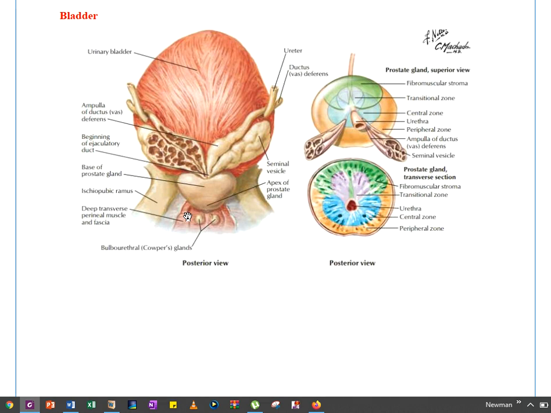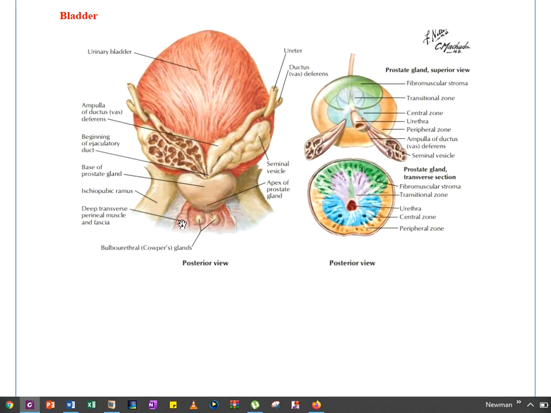We may say it is confined to the urinary bladder, it has invaded the surrounding structures like seminal vesicles, vas deferens, prostate, and it has gone far away into the pelvic diaphragm.